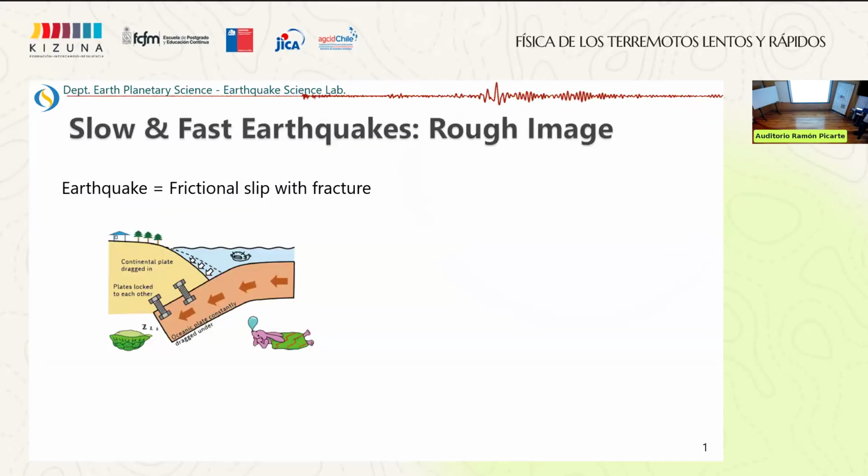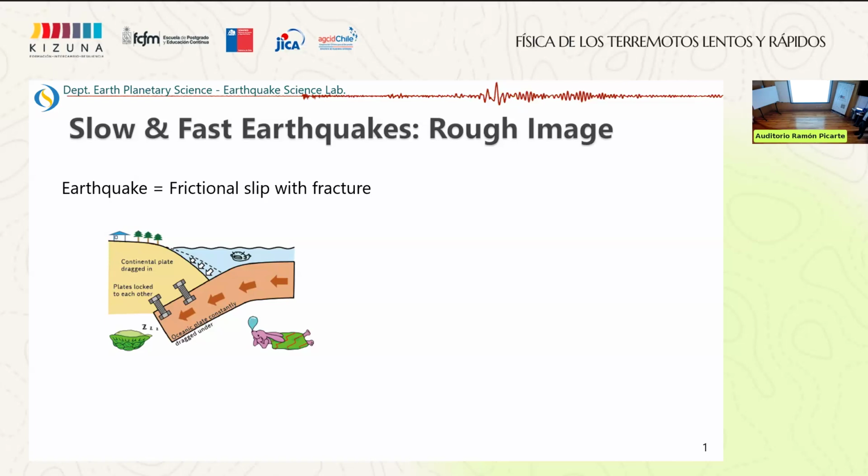So for the public, we always explain what a slow earthquake is using this kind of cartoon. We know earthquakes occur in countries like Japan or Chile in this kind of system, a subduction zone.